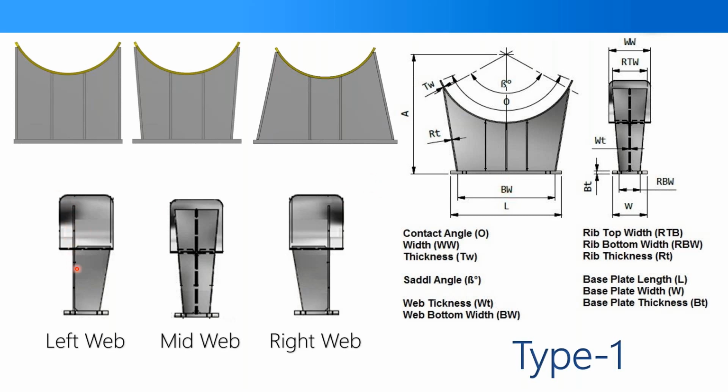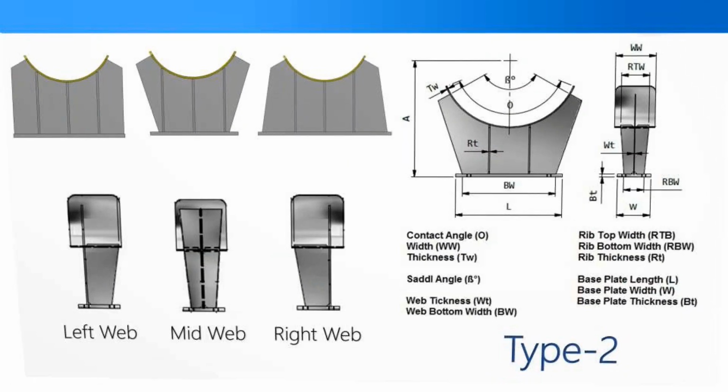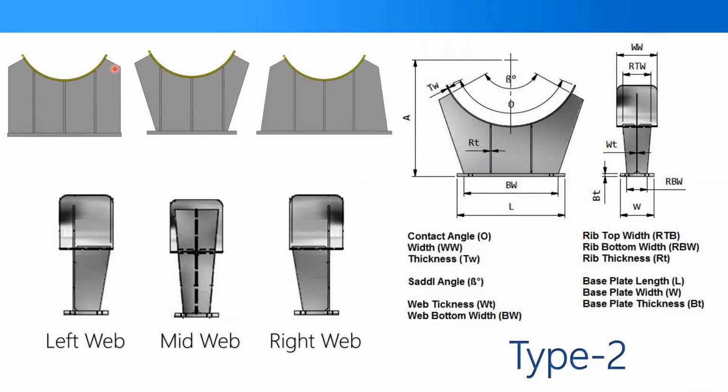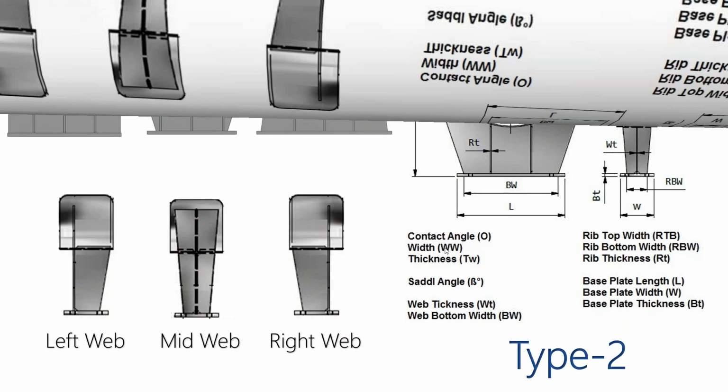You can also control the web location by selecting the type. So in this type, you have 3 different cases by making the web on the left or right or in the middle. The same for the other 3 types. The web bottom with 3 cases, and the web location you can control.